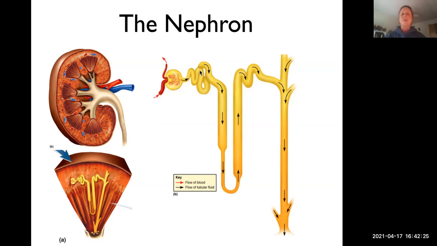Anything that is not useful will remain in the proximal convoluted tubule and passes into this next structure, which is known as the nephron loop. You may have learned about the structure of the nephron in the past and learned this as the loop of Henle. That is the older term. The modern term is nephron loop.